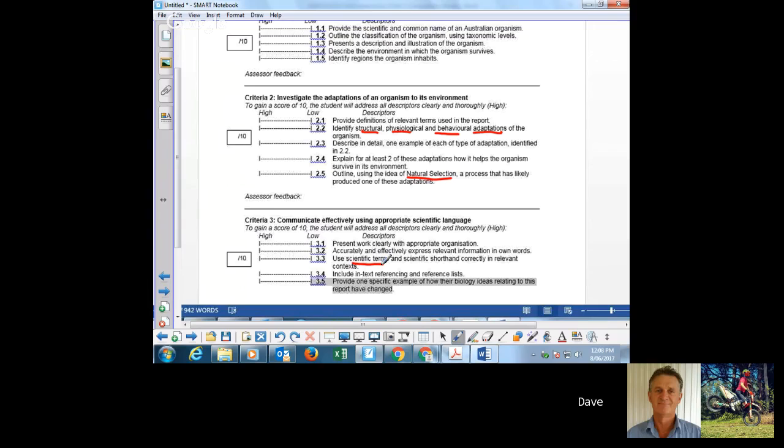A structural feature. How does that help it to survive? It helps it to capture and quickly consume its prey. Yep.